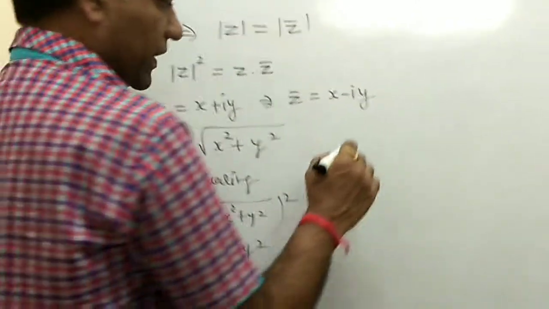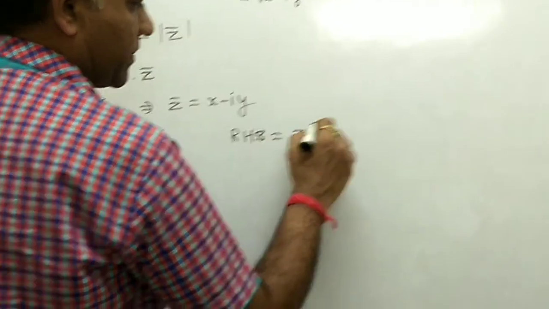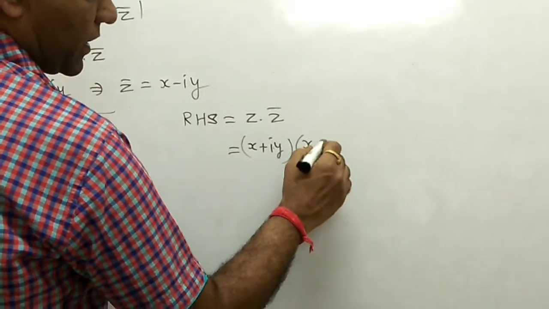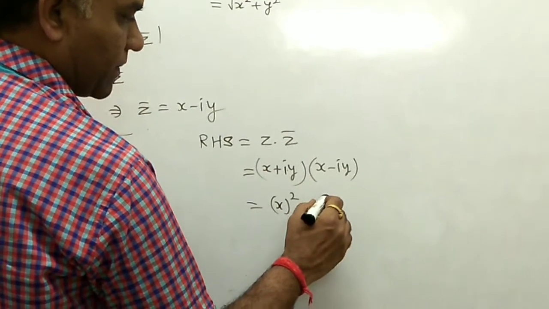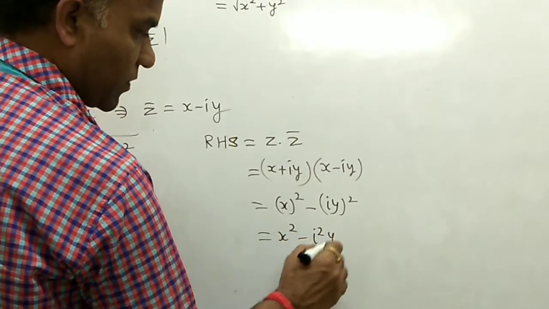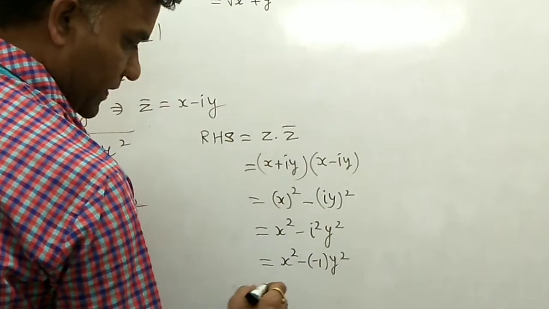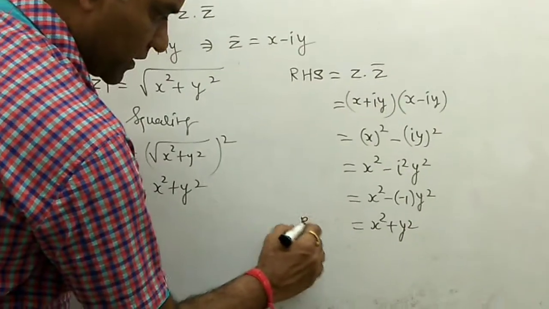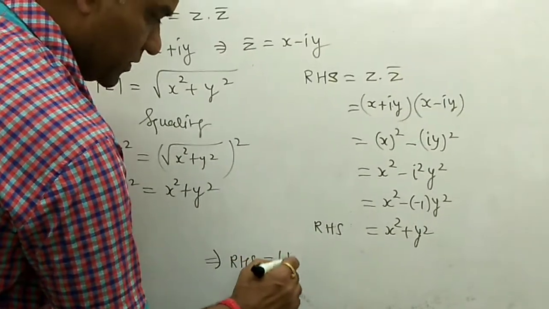Okay, and then we have the right hand side, z times z bar. So (x + iy) times (x − iy), first value squared minus second value squared, so x² − i²y², x² minus (−1)y², x² + y². Okay, so this is the right hand side, and now both are equal, right hand side equals left hand side.